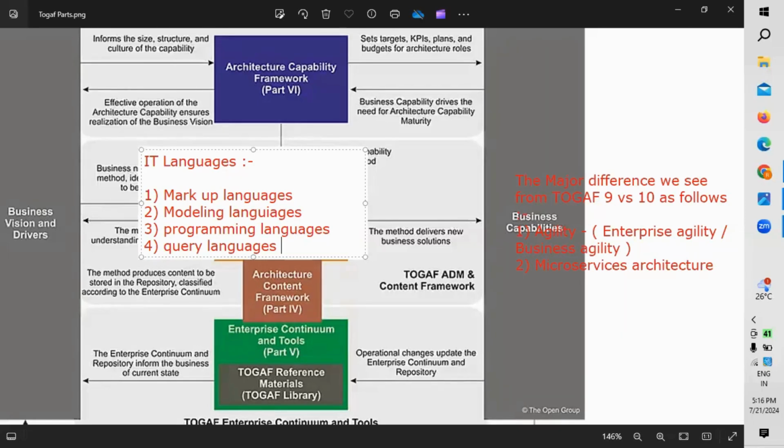Of course, nowadays we also have AngularJS, so different JavaScript based tools. But one of the prominent markup languages is HTML. HTML stands for Hypertext Markup Language.